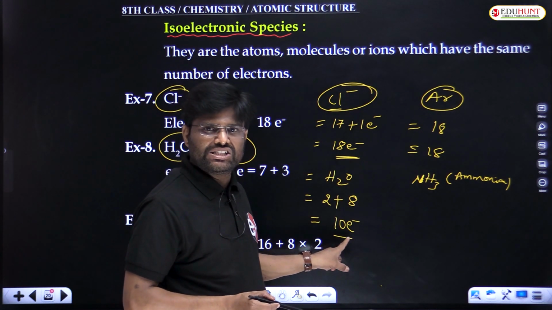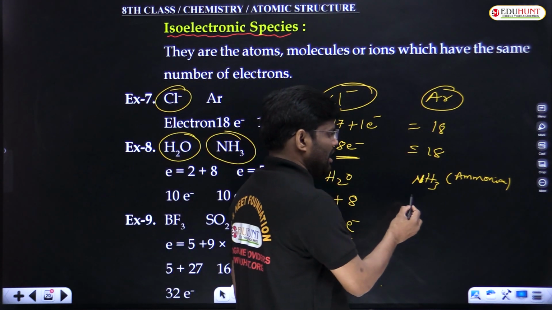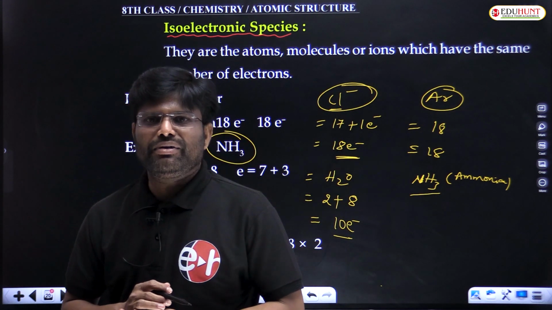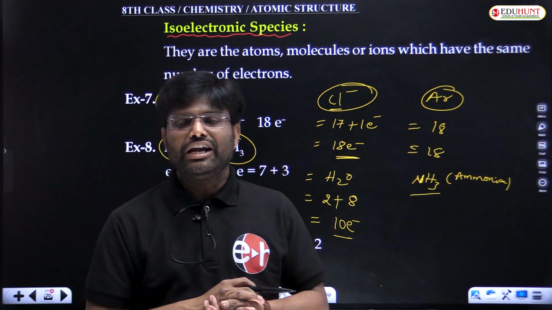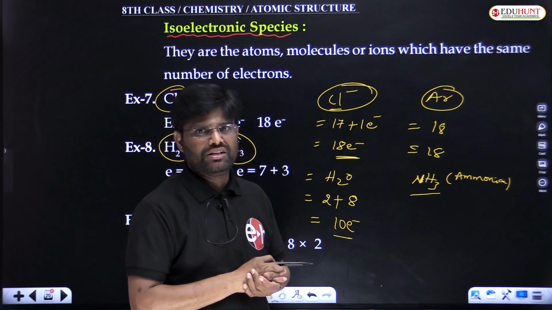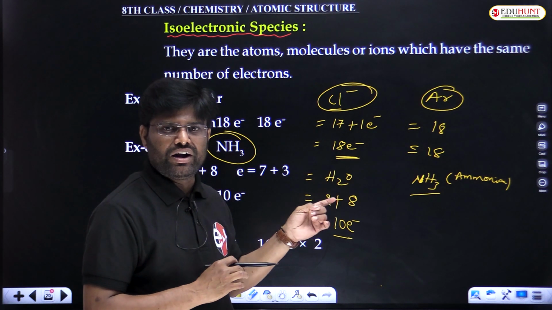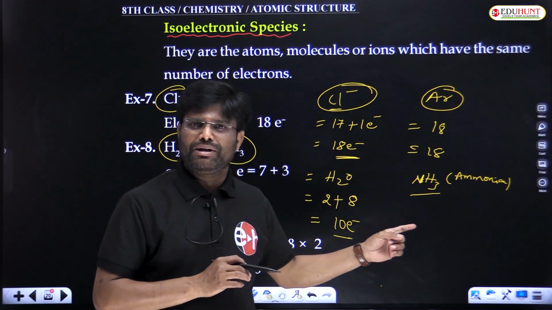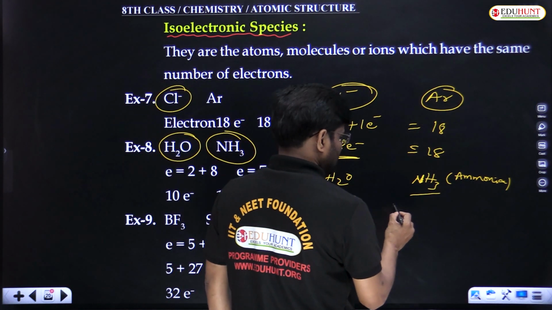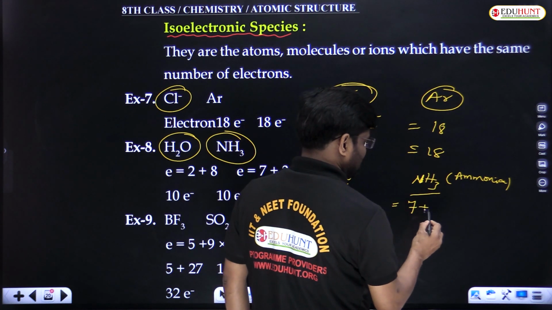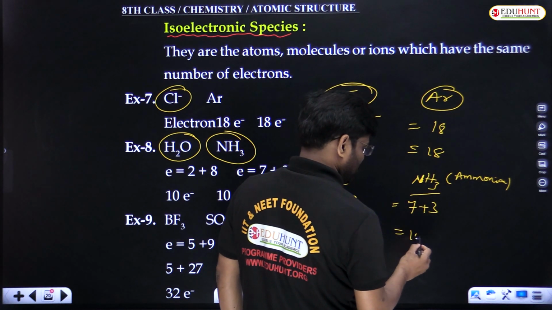Water molecule contains 10 electrons. In ammonia, nitrogen atomic number 7, hydrogen 1, but 3 hydrogens are there, so 7 plus 3, 10 electrons.